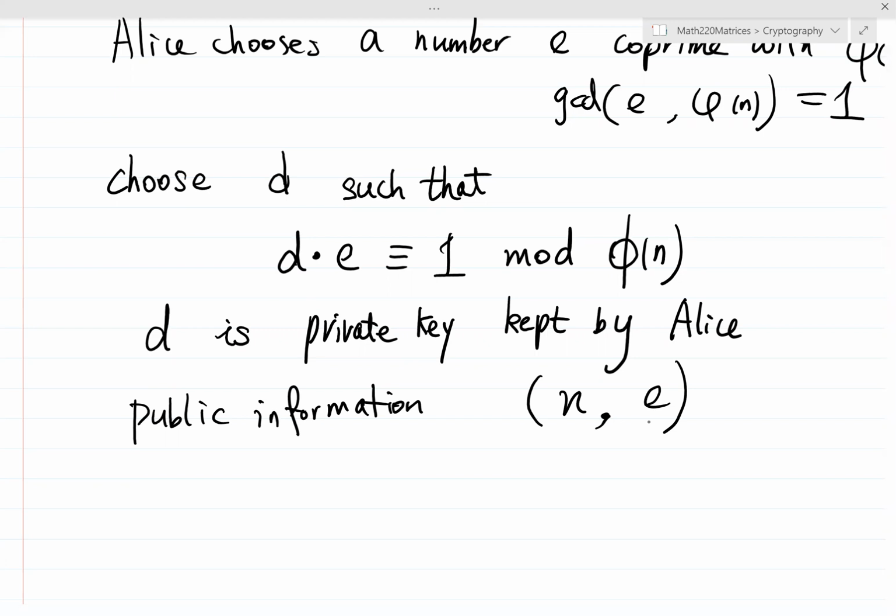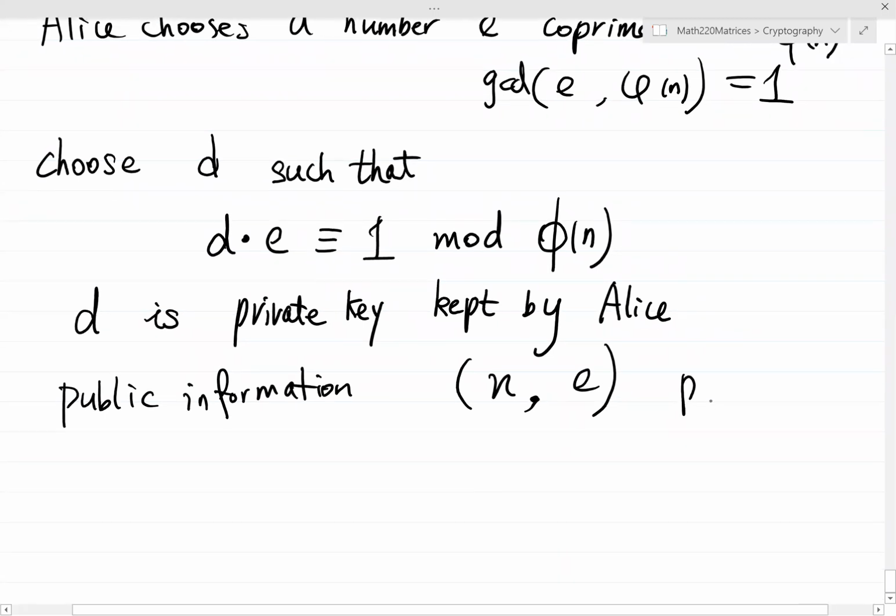Alice can even publish this n and this number e in the New York Times. This makes the communication easier because it's a public key, so everyone can use this key. Now, the private key.